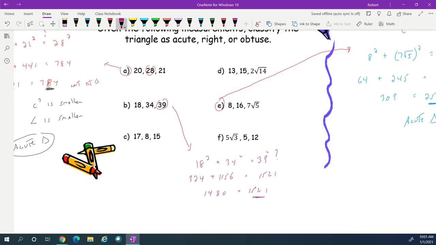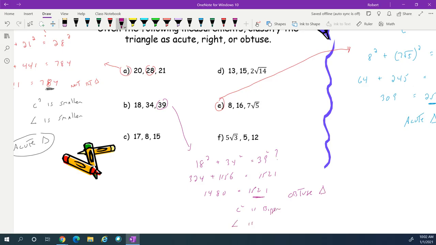Again, since they're not equal, it's not right. The C squared number is bigger, and that makes this an obtuse triangle. All right, so the C squared is bigger.